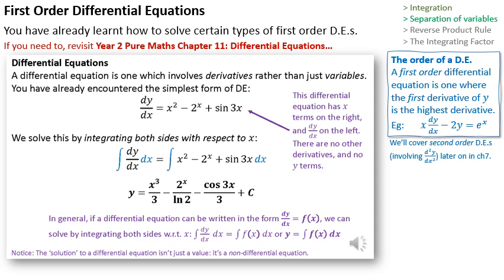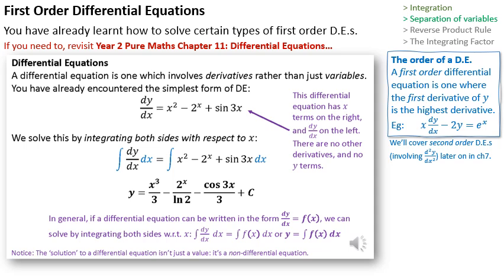So initially we talked about what makes an equation a differential equation, the fact that it involves derivatives, and the other strange thing about it, which is that the solution to an ordinary equation you might think of as being a number or a set of numbers, but the solution to a differential equation is itself an equation or even a set of equations. So we can see here, for instance, y equals x cubed over 3 minus 2 to the x over ln 2 minus cos 3x over 3 plus c.